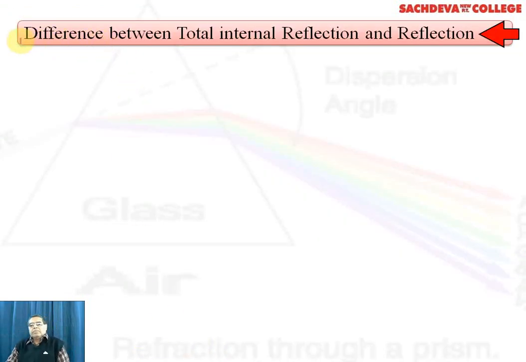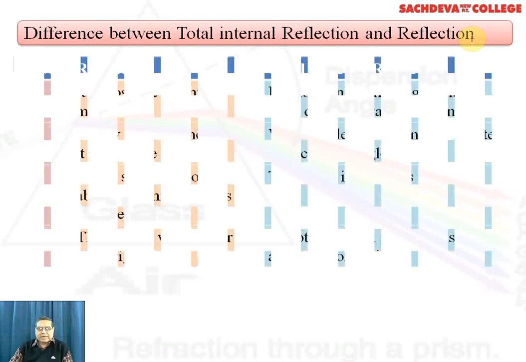Now, there are certain important differences between total internal reflection and reflection. Total internal reflection is a special phenomenon, while reflection is a normal phenomenon: when incident light falls on a particular point, it gets reflected. We draw a normal at that point, and the angle of incidence is equal to the angle of reflection.